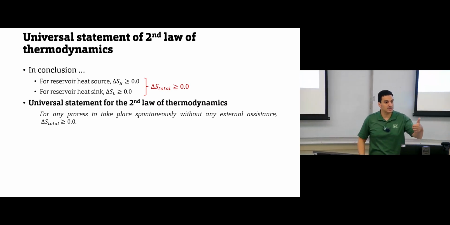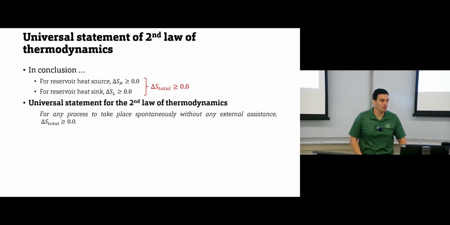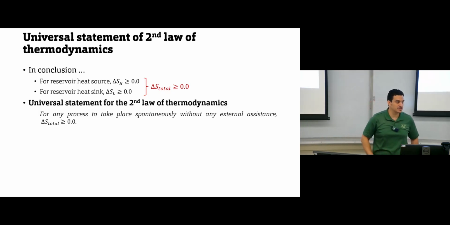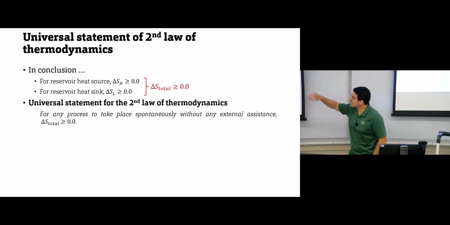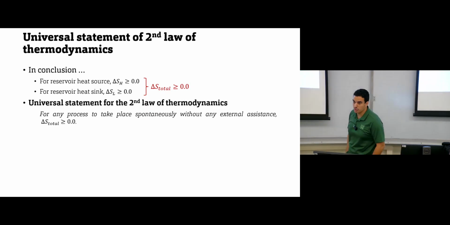It describes the Kelvin-Planck statement and what Clausius described in his statement of the second law. So just one statement, in terms of the entropy change, can represent all the other statements that we have. This is the universal statement of the second law of thermodynamics.